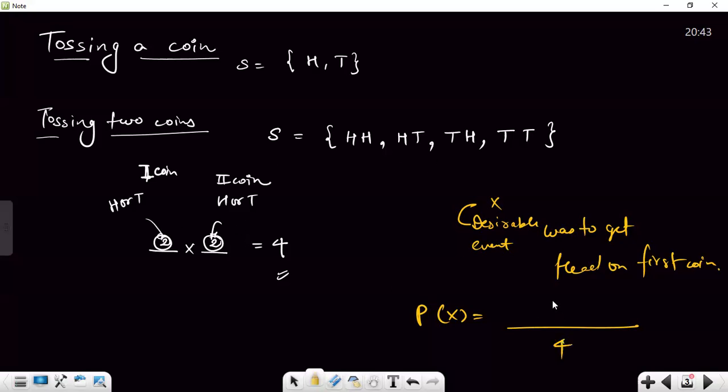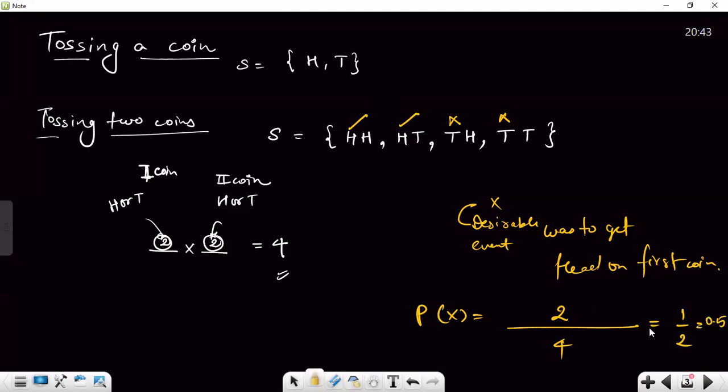And how many times is there a head on the first coin? Exactly 2 times. So 2 is the number of favorable outcomes we want in the sample space. So the probability of our event X, our desirable event, is 1 by 2, 0.5.